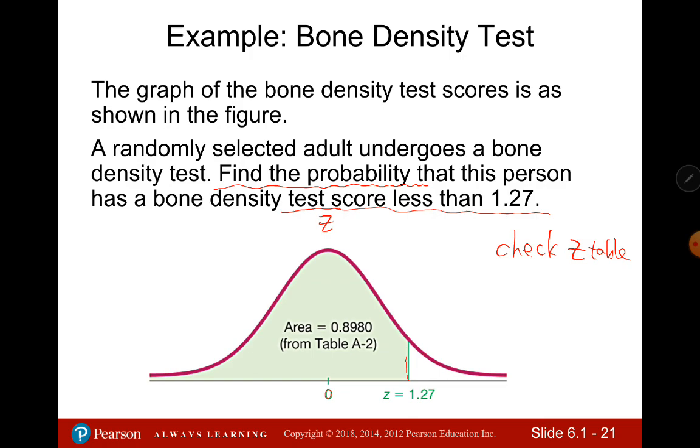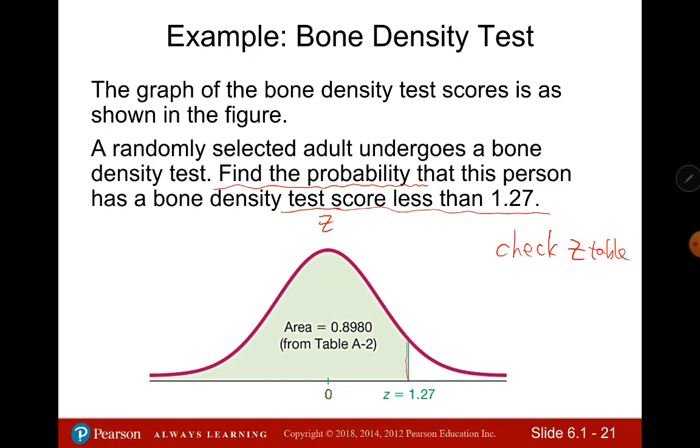First of all, we go to the positive z-table, and we only check the first two digits, 1.2, on the left column. From top to bottom, you will find 1.2. Then you have the whole row for 1.2. Then we check which value in this row is 1.27.